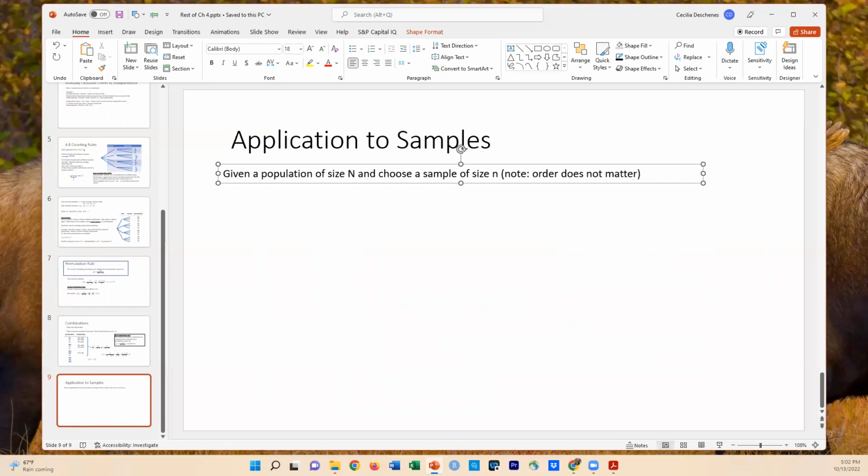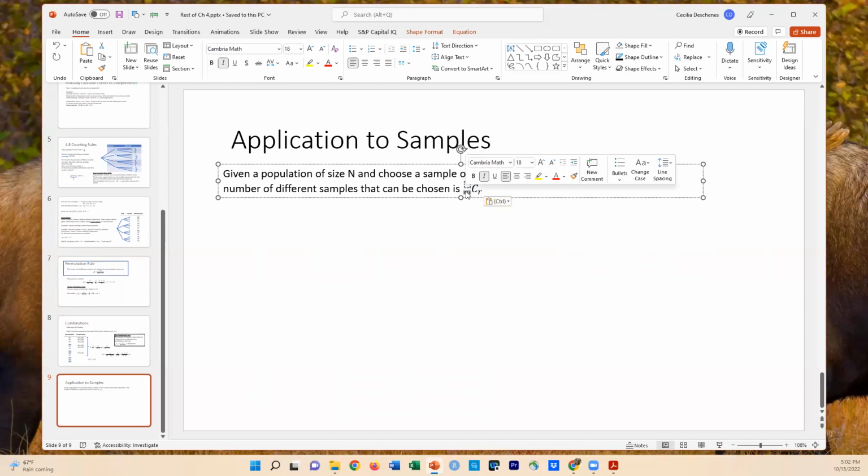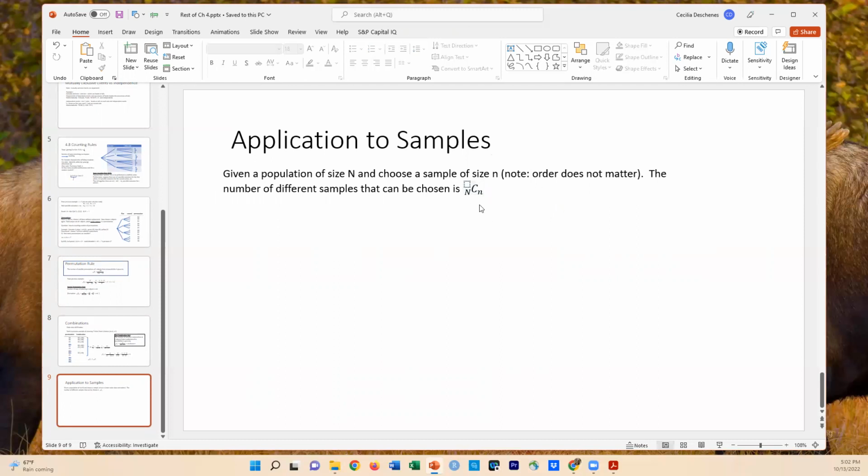We're just sampling from a larger population. The number of different samples that you could choose is this choose function, except we're going to start out with capital N and we're choosing a sample size of little n. So big N choose little n.